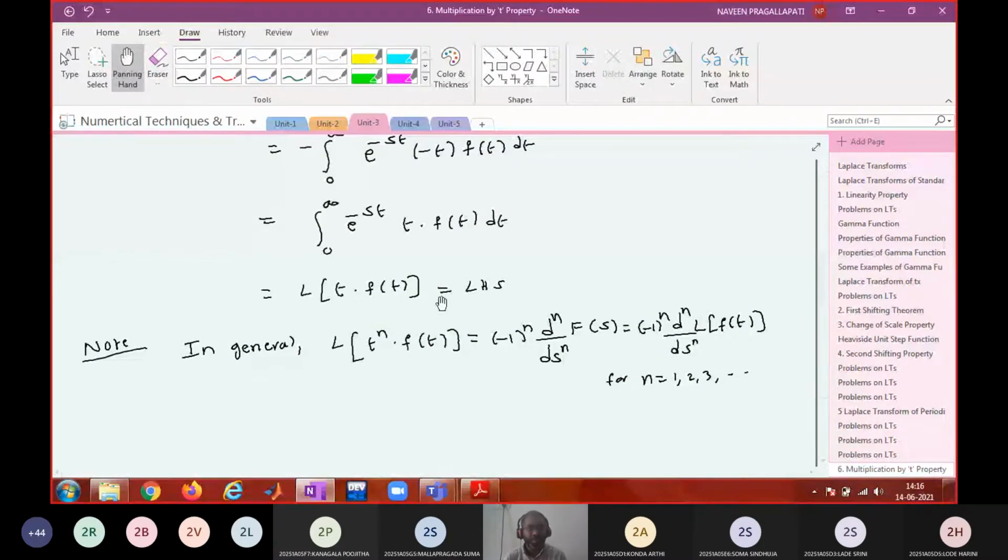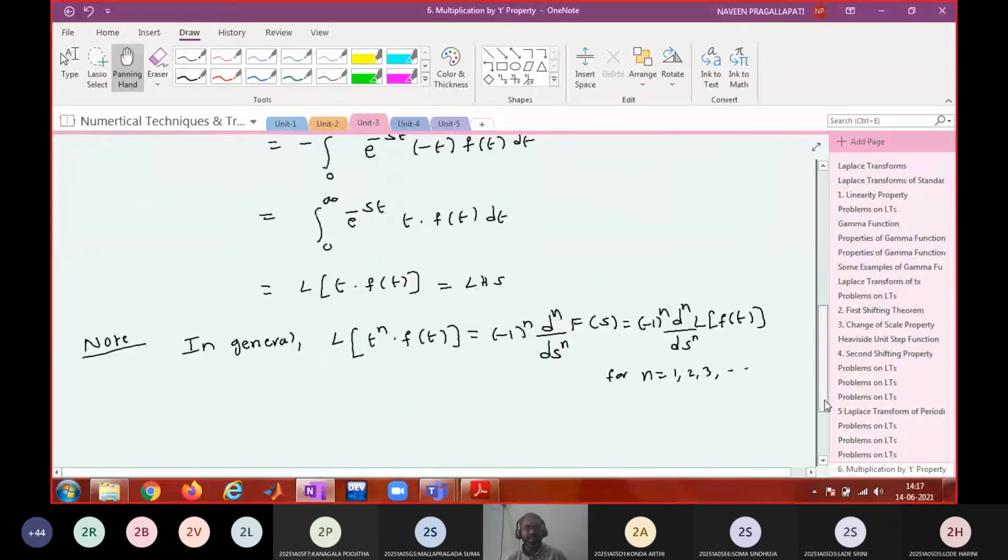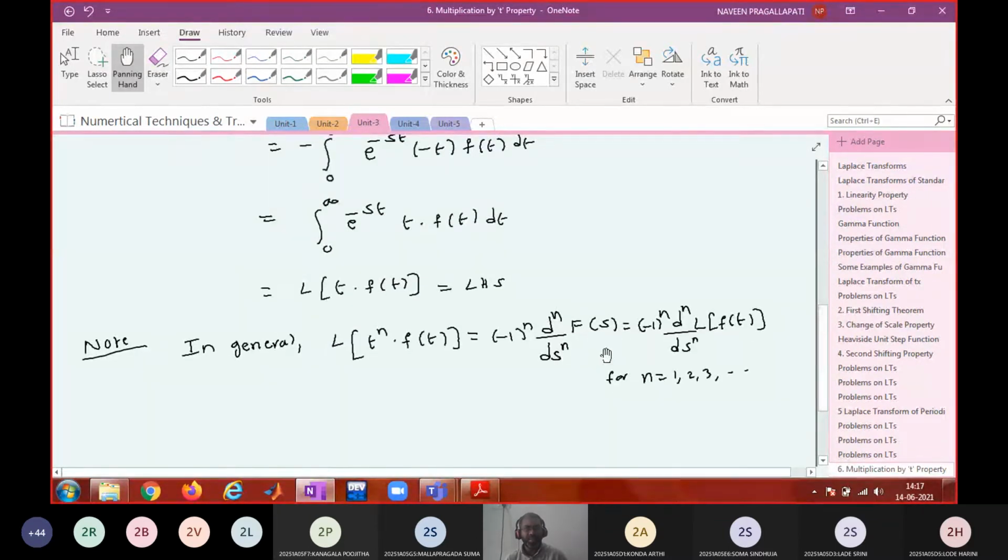Suppose you're asked to prove this generalized result in exams, can you tell me how to prove this result? Will you prove Laplace of t f of t and say similarly like this, or is there any specific method? Good, you have to use mathematical induction.